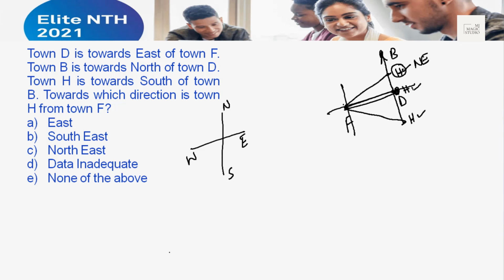If H is here, H2, the answer can be east. If H is here, H3, then it may be southeast. If I have three different answers, that means I need more data to accurately answer in which direction is H from F. Data inadequate in this particular case.